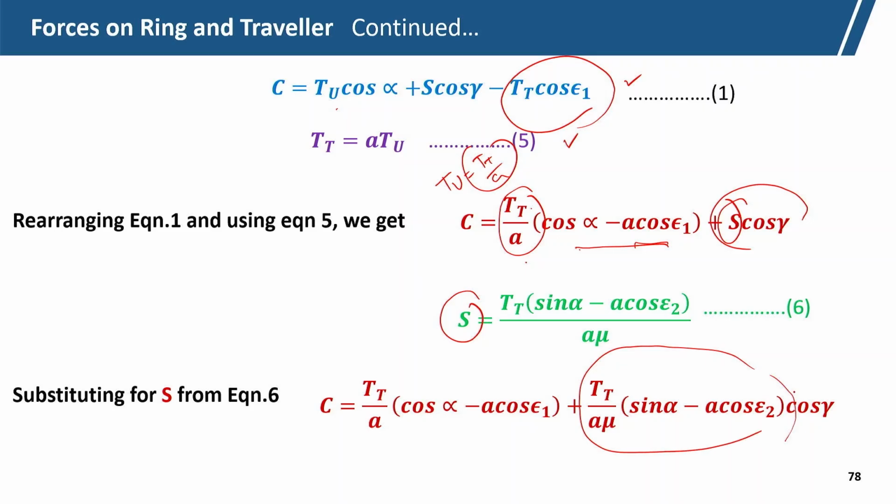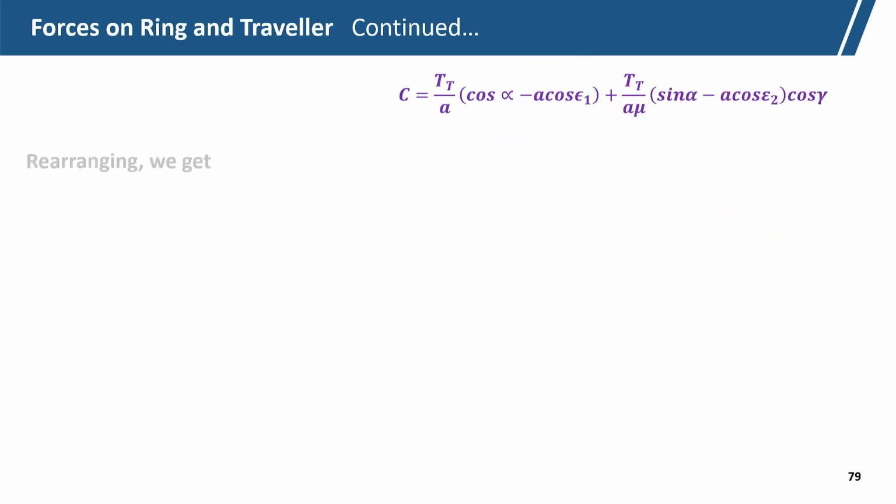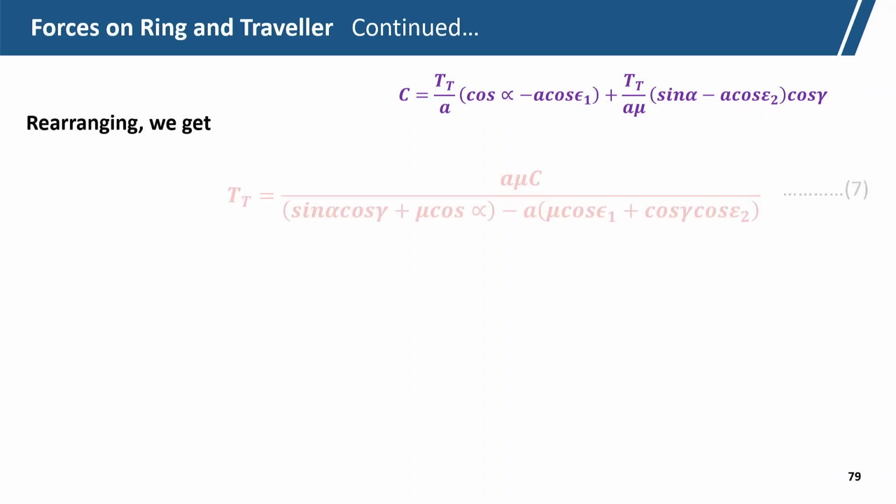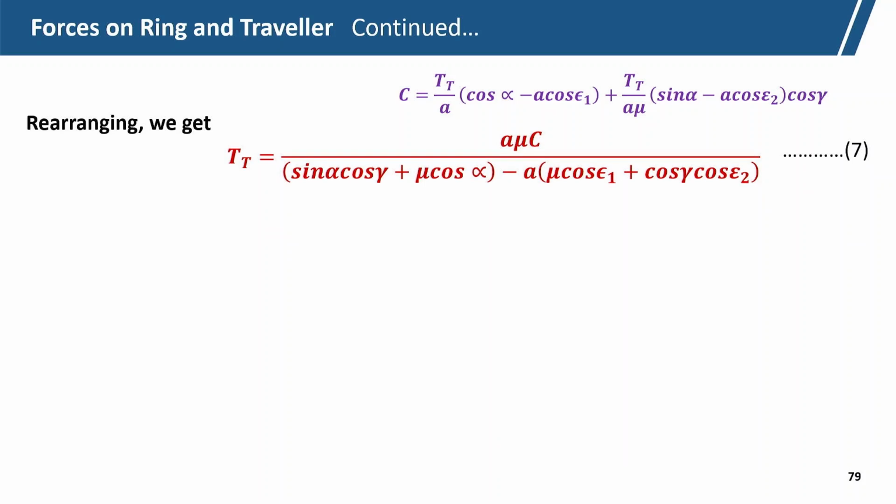We get the C value, and rearranging this, we get the T t value in this form, which is A mu C divided by sin alpha cos gamma plus mu cos alpha minus A multiplied by mu cos epsilon 1 plus cos gamma cos epsilon 2.